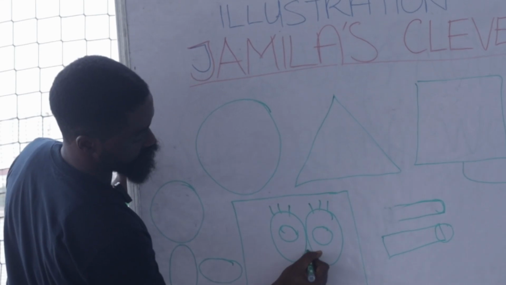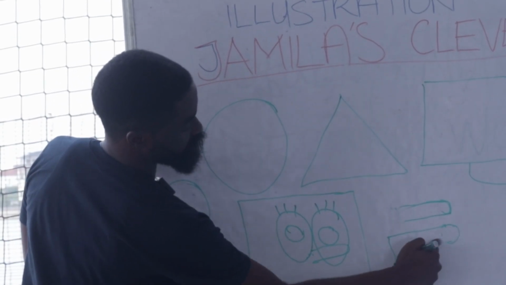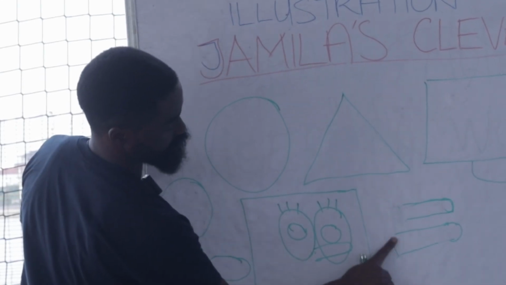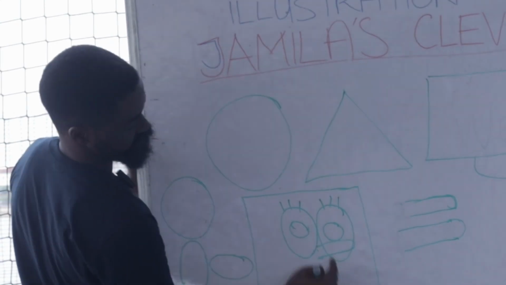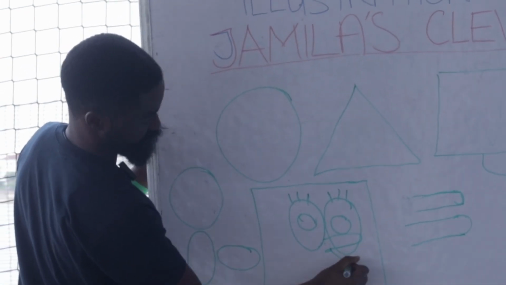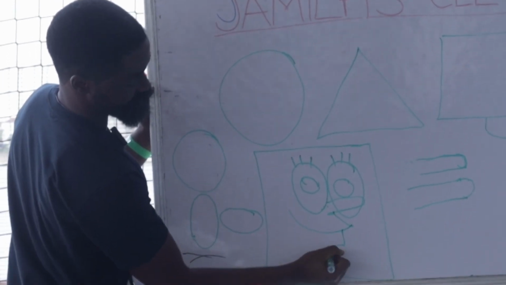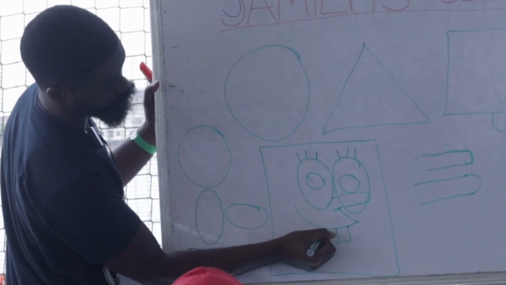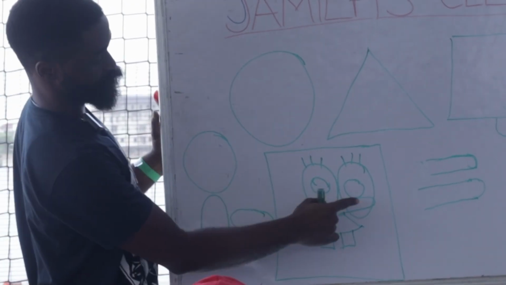If you erase that part of the circle and that part of the square, you get that. And then his mouth is basically part of an ellipse, and then he has 2 squares for his teeth.